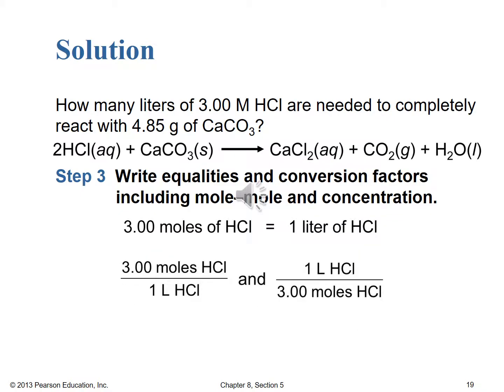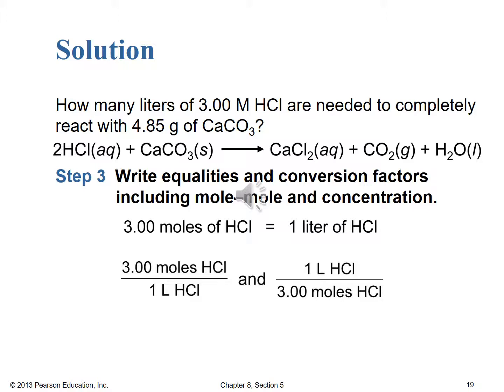Unfortunately, we ran out of space on the last slide, but one other equality that we have based on the information in the problem is that 3.00 moles of HCl equals 1 liter of this HCl solution, right? That's what the 3.00 molar HCl is telling us, that we have 3.00 moles per liter.